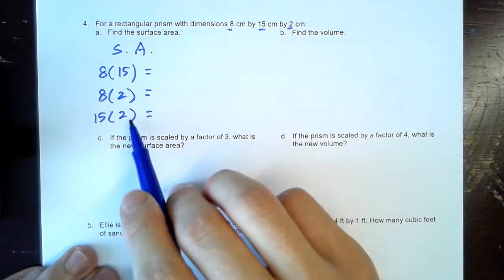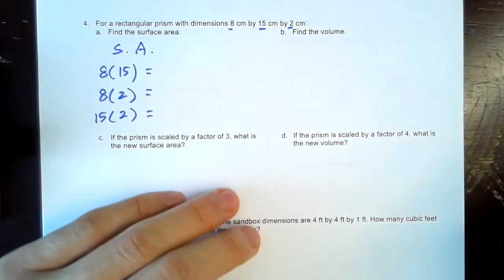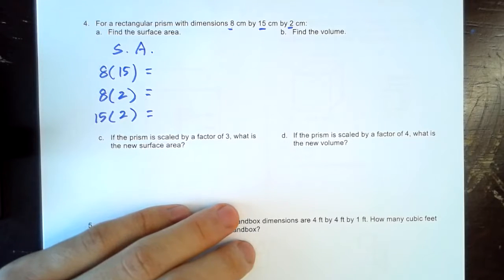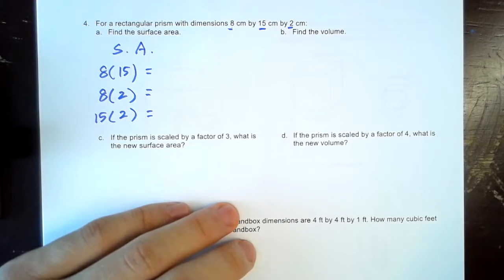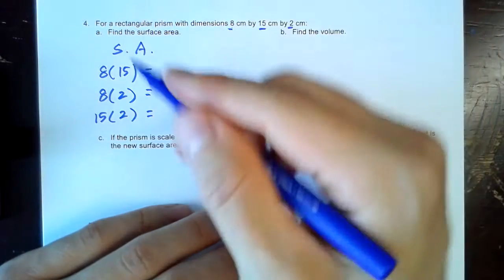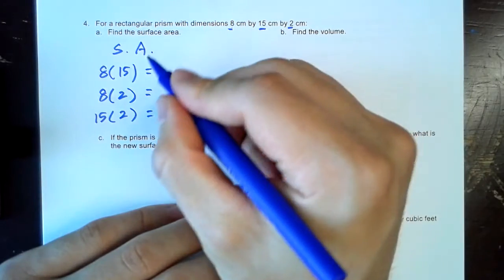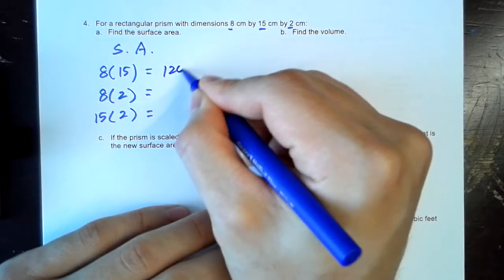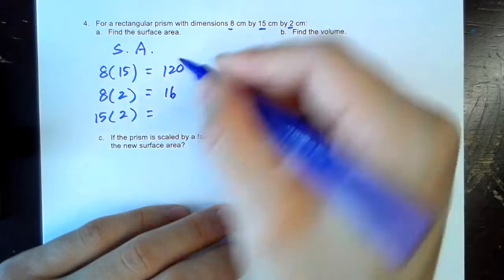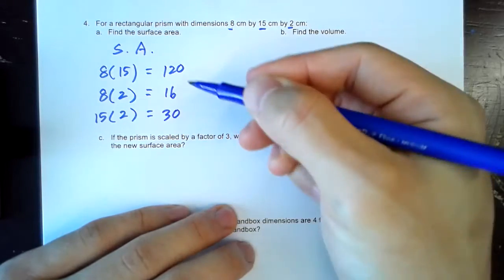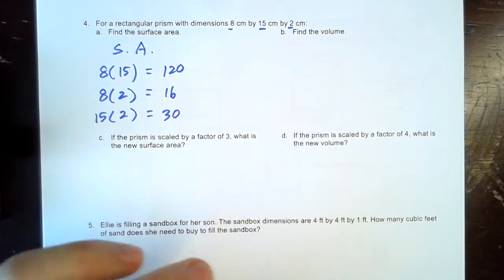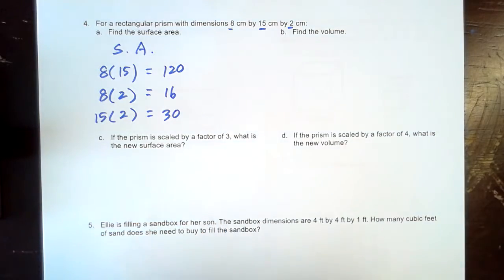Notice that all 3 of these pairs are different in the way that they are multiplying numbers. These are 3 different combinations. So 8 times 15 is 120, 8 times 2 is 16, and 15 times 2 is 30. Now remember class, these are only 3 of the 6.